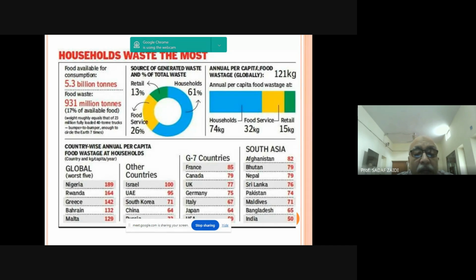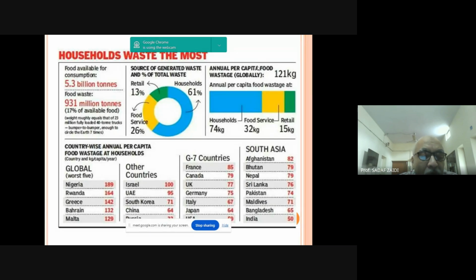Now if you see the annual per capita wastage at households, you will find Nigeria, it is the worst with 189. Though Nigeria is not a developed country, you will find that the household wastage is the most in Nigeria.